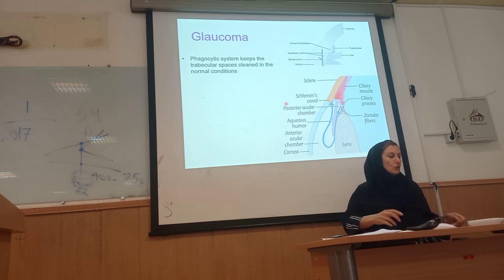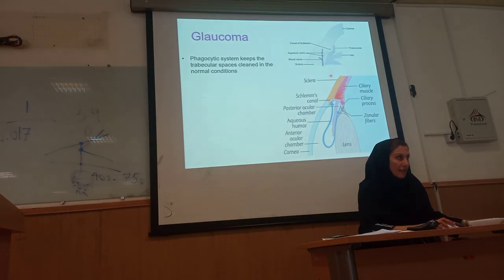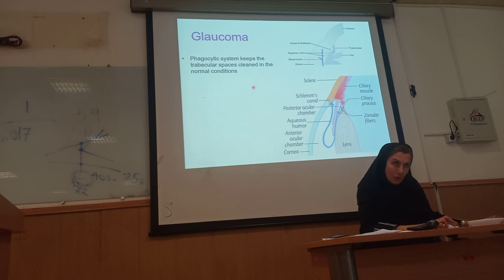Pay attention: in normal conditions, there is a phagocytic system near the canal of Schlemm that keeps the trabecular space clean.